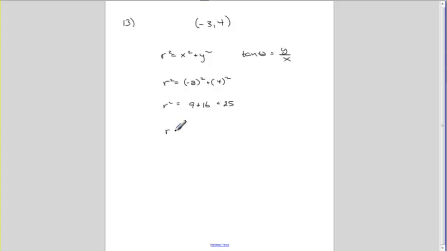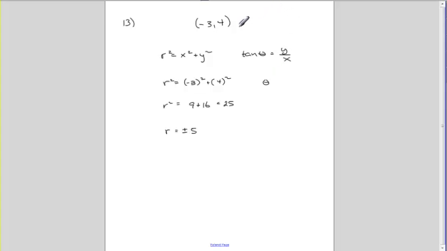And therefore r is equal to plus or minus 5. So that's going to be our 2 r coordinates. And then we have to use the inverse tangent here to find theta.